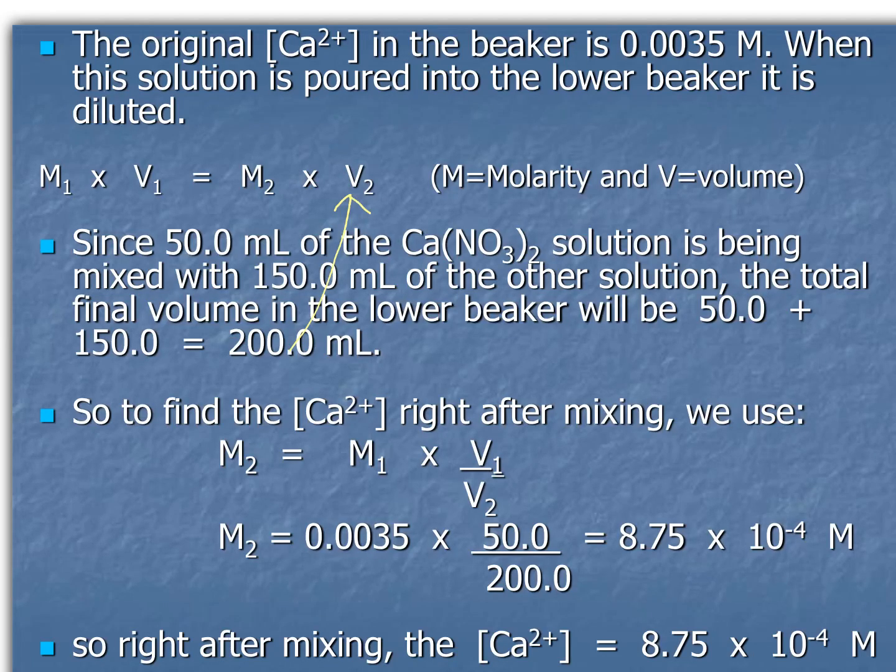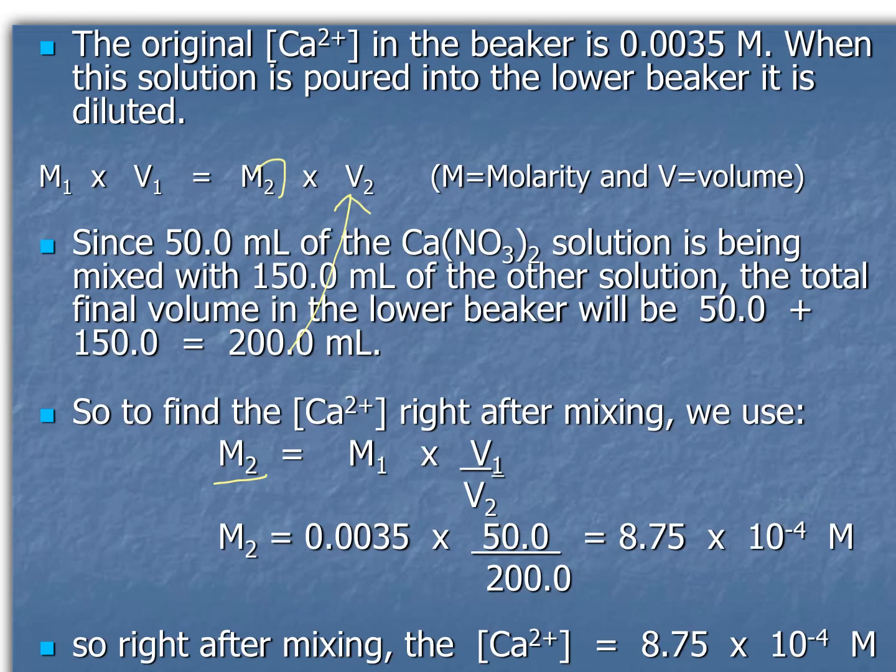So to find the concentration of calcium in the end, my molarity 2, M2 is going to equal my original molarity times my original volume divided by my final volume. When I plug all this in and solve, I get 8.75 times 10 to the negative 4th molarity.